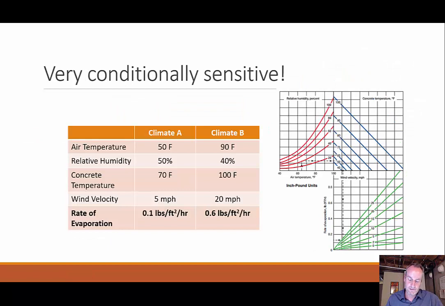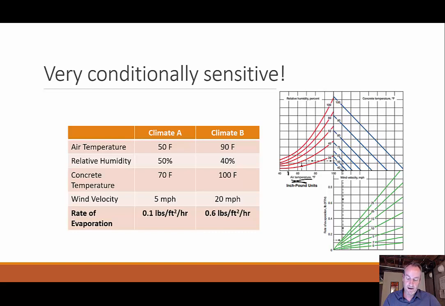So the way it works: the first one says air temperature 50. I see this is air temperature in the upper left-hand side, so I go to 50, which is between 40 and 60.